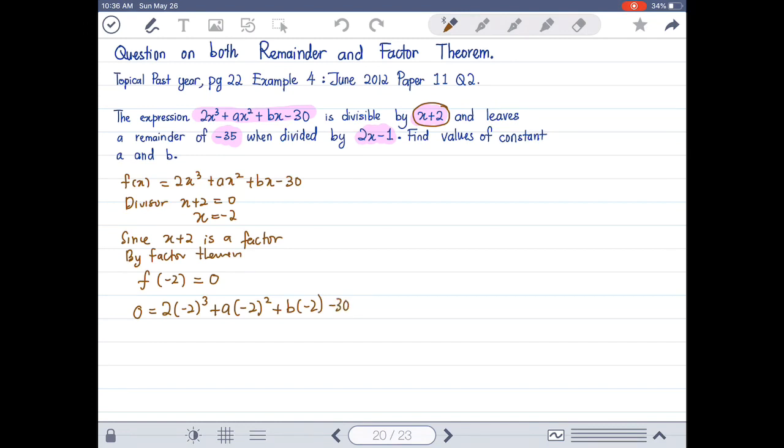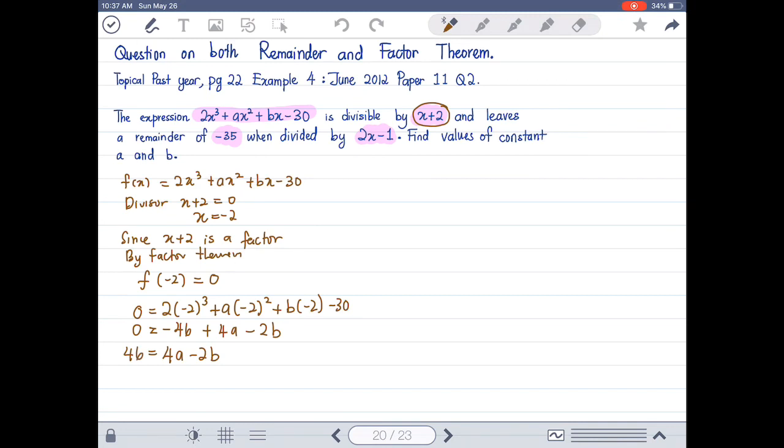Okay, using your calculator, you should get negative 46 plus 4a minus 2b equals 0, and then we can bring negative 46 to the left hand side, so we have 4a minus 2b equals 46.